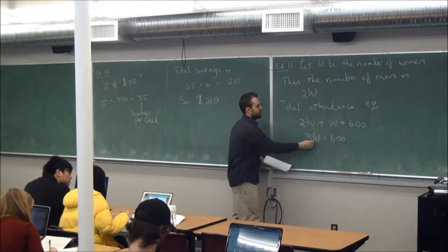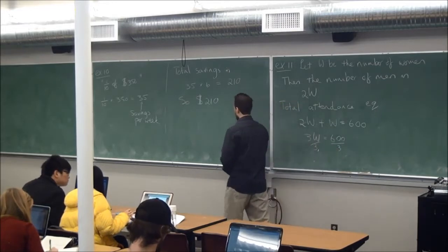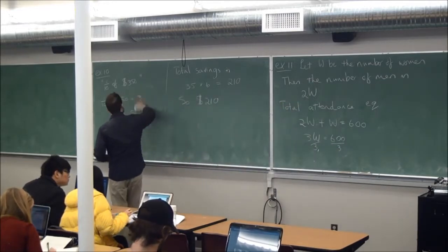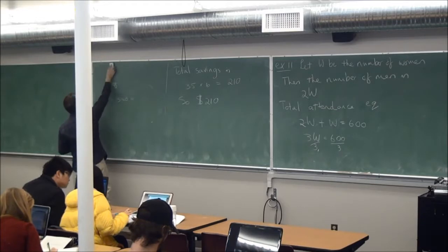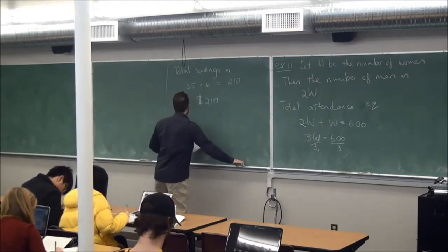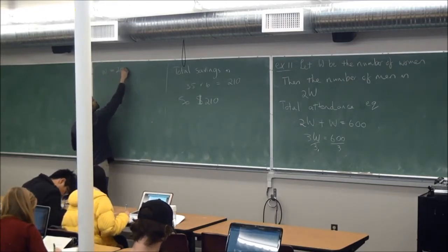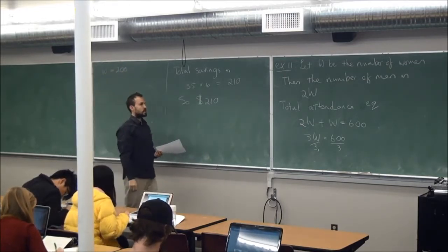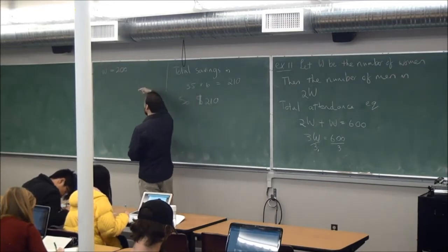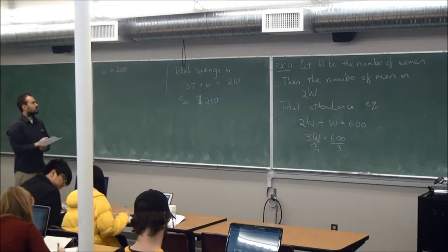What do I do with this equation? I divide by 3, and I get that W equals, hopefully, 200. W equals 200. Same equation, I'm just making it look so nice that I can just read off the answer. Do I stop here? In word problems, I don't want to stop here.